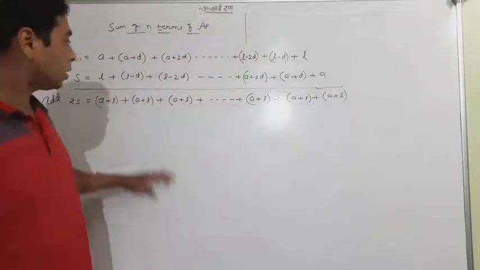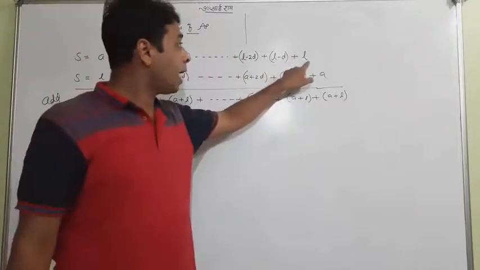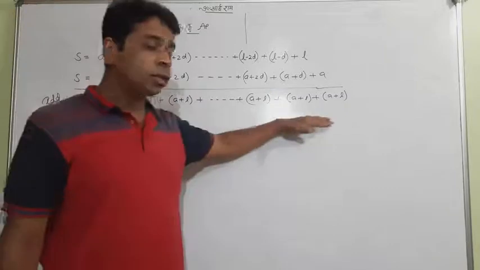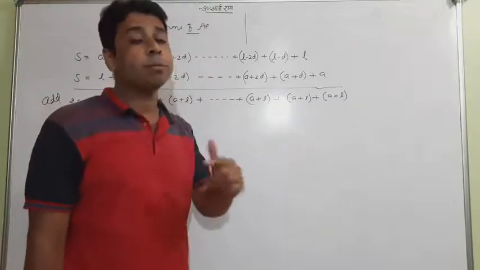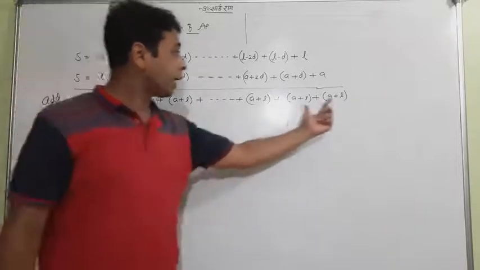So students, now we had n terms, again n terms. So in the resultant sequence again we must have n terms: first term, second term, third term, and nth term.